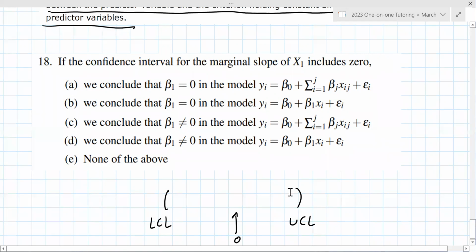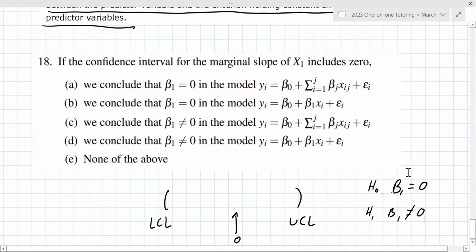Sometimes it's easier to look at a simpler example. Your null is that B1 is 0, your alternative is B1 not equal to 0. If 0 is in the confidence interval, do you accept or reject H0? Reject or fail to reject H0? Do you remember that?